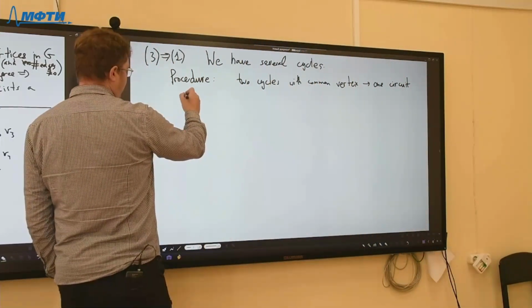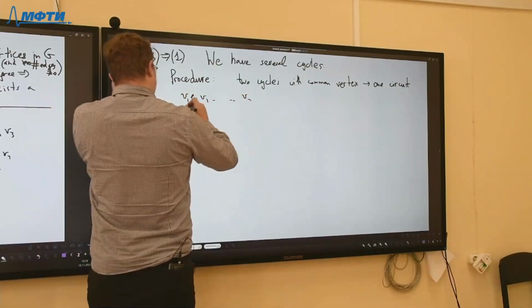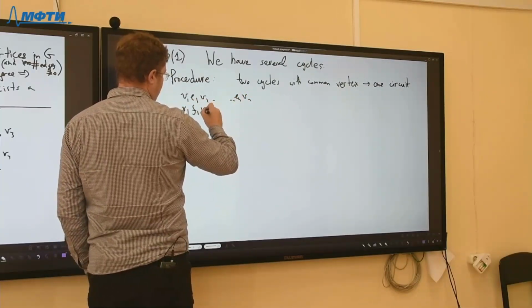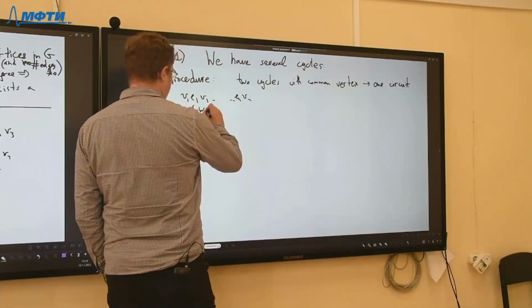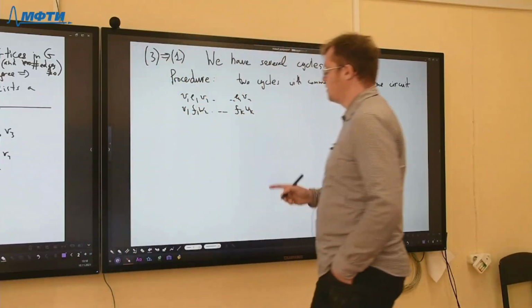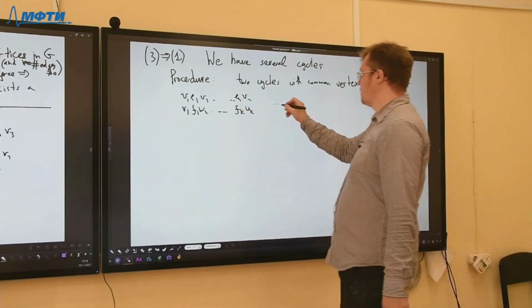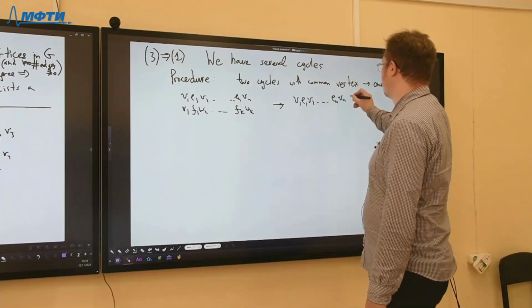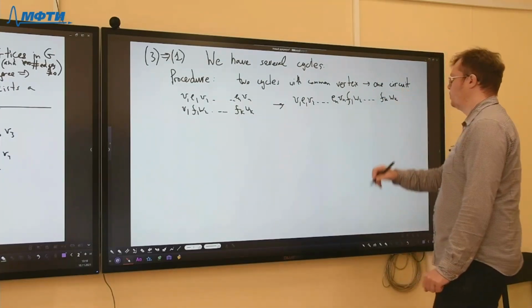It is so because if we have two cycles, suppose they have the same first vertex, then we start going through the first cycle, and then continue to the other cycle. So we obtain a circuit, just the union of these two cycles. And we have one circuit.